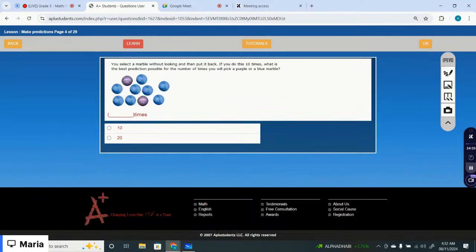You select a marble without looking, then put it back. You did that 10 times. What is the best prediction possible for the number of times you will pick a purple or blue marble? So, which is the correct option?